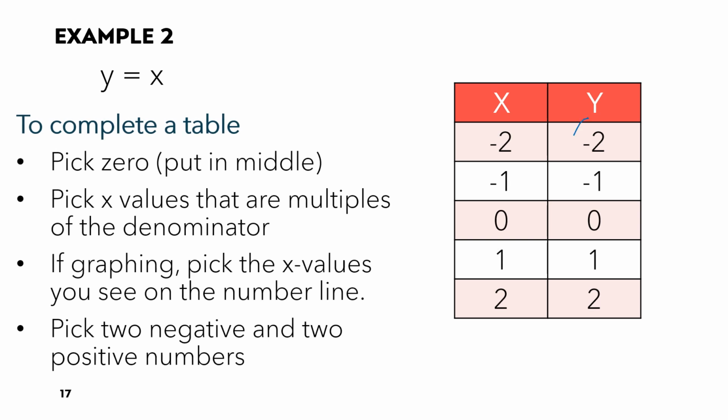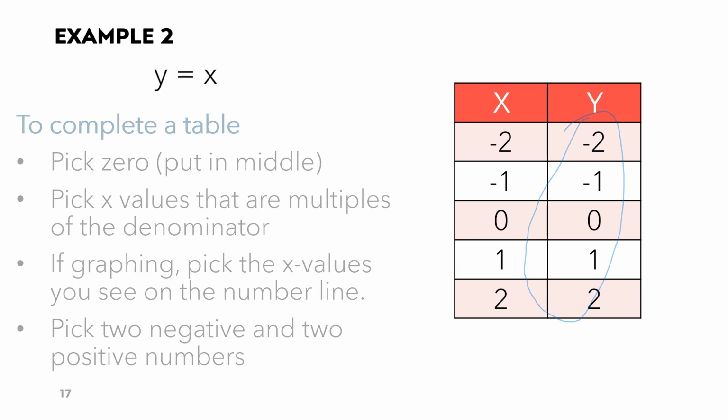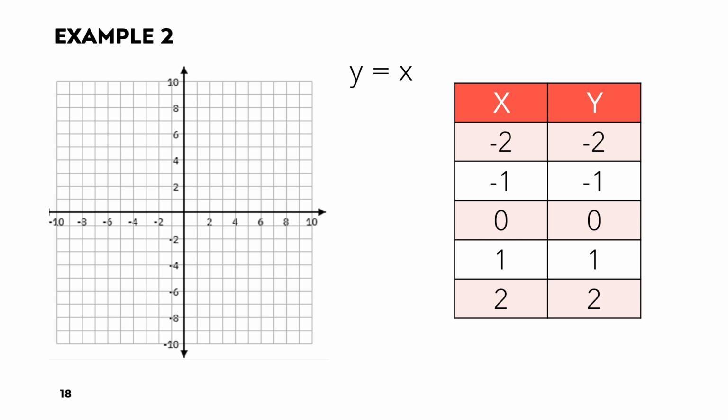So this is what your table should look like. This is the parent function. Next, we're going to graph this. So we're graphing. Remember, we're using the form y equals mx plus b.